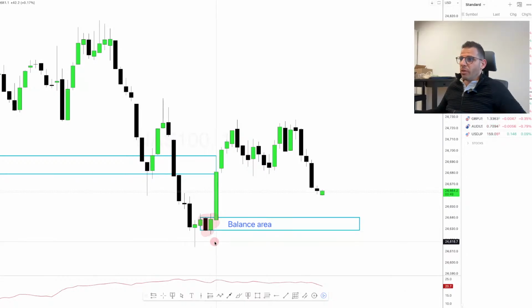Because both market participants, buyers and sellers, agreed on the price. They equally interacted from 24,640 to 24,300, I'm just rounding the numbers, and this is where the price found it comfortable for some time before it exploded with a new impulsive upward move.